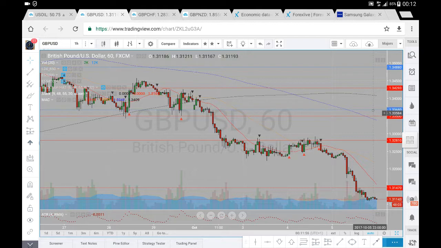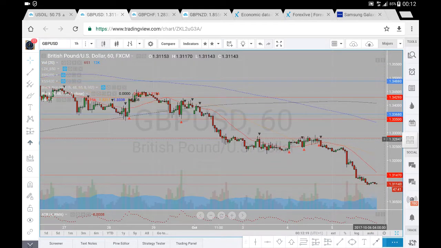Now, I didn't actually think prices would come down as quickly as they have, from 132.81 down to 131.47, but put simply, prices have been trending pretty strongly to the downside of the pound against USD.